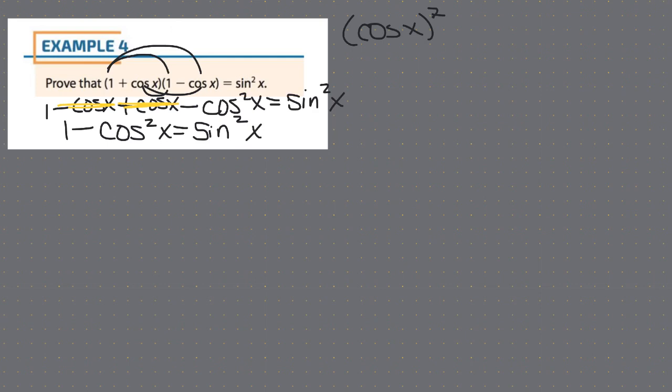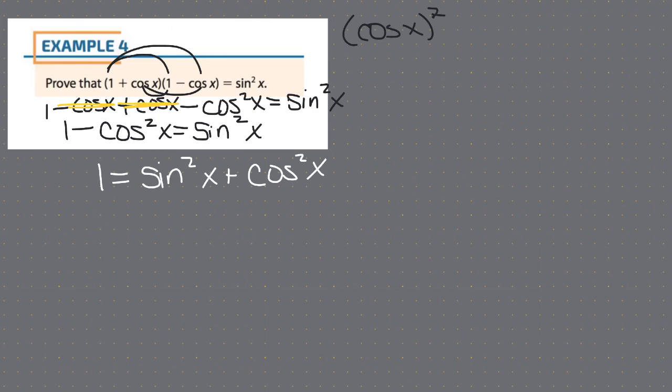Do you remember back at the very beginning that great trigonometric identity that said sine squared x plus cosine squared x is equal to 1? Isn't that this? 1 is equal to the sine squared x plus the cosine squared x. So we did it. We proved it.